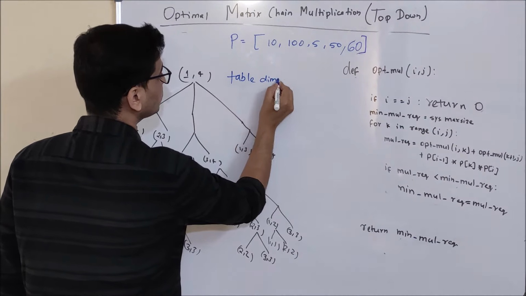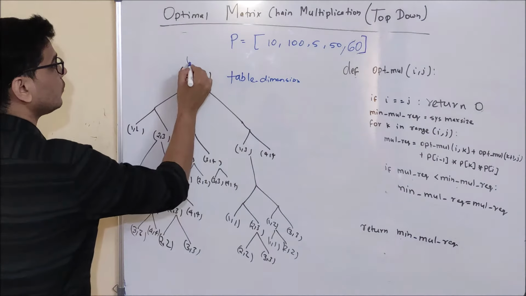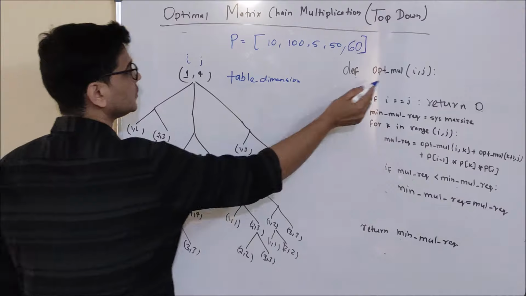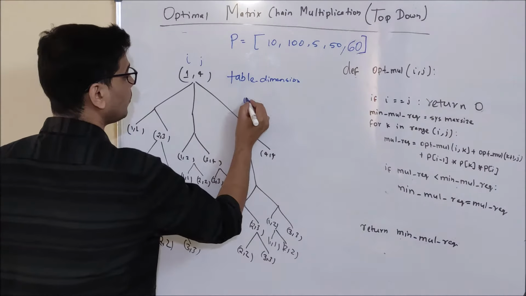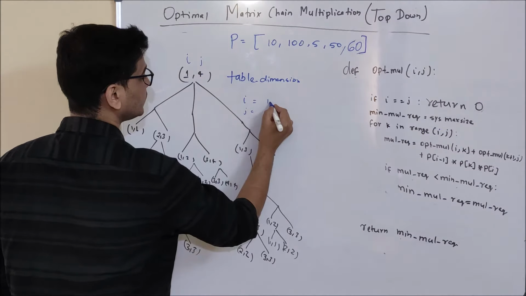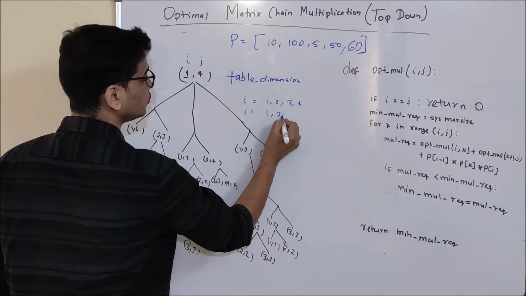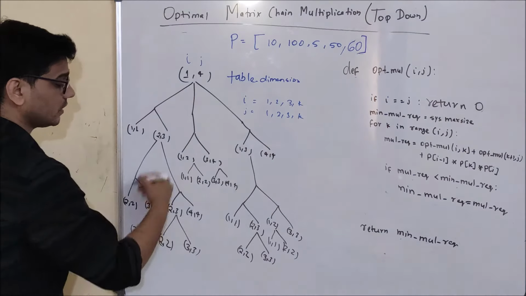Table dimension. See, if you remember, this was i and this was j. So how many distinct values is i taking and how many distinct values is j taking? i is taking 1, 2, 3, 4. Same with j, 1, 2, 3, 4. Watch it carefully.